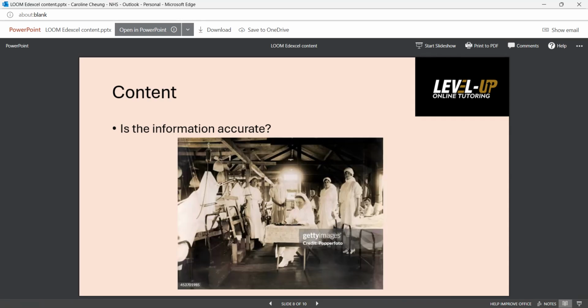Same again for this one. From my own knowledge, I know that hospitals were often set up in abandoned buildings, in schools, places that have been evacuated. So the source is useful because it's accurate. So from my own knowledge, I know that there are Queen Alexandra nurses that are sent out to the front.